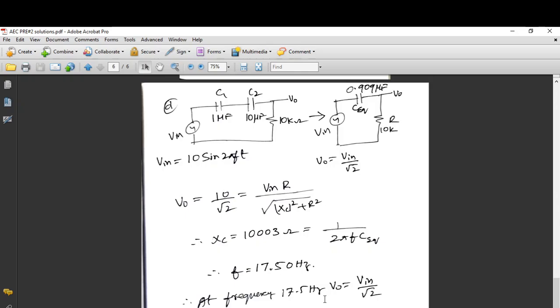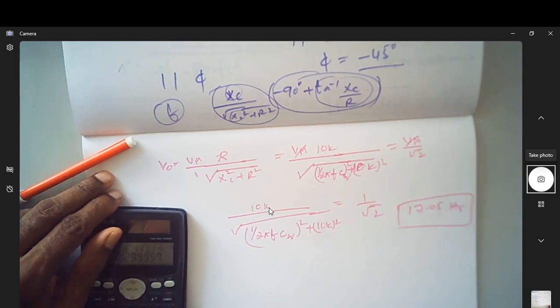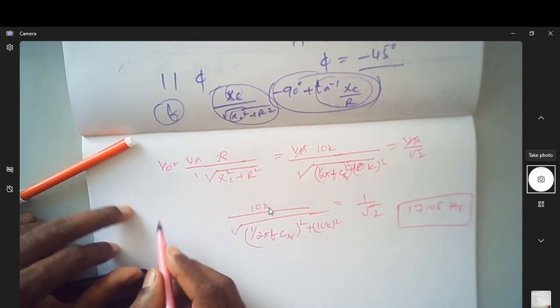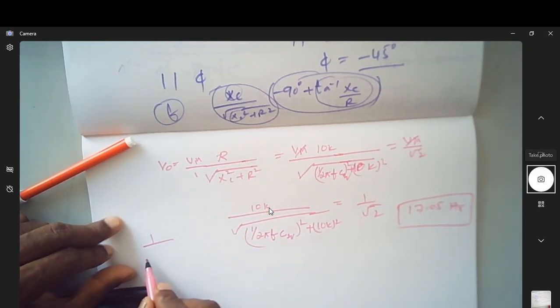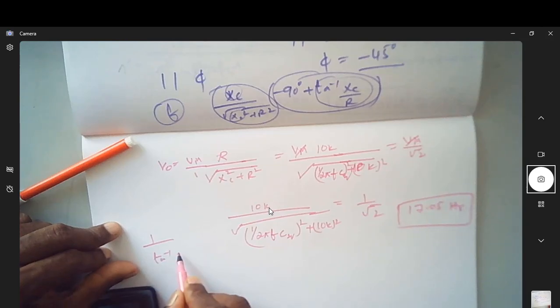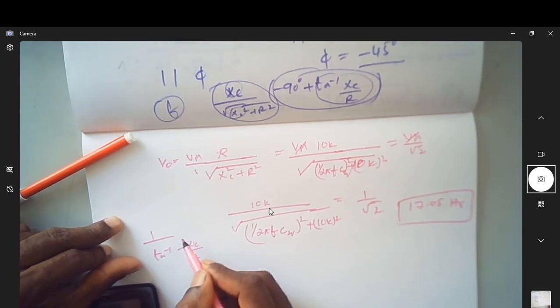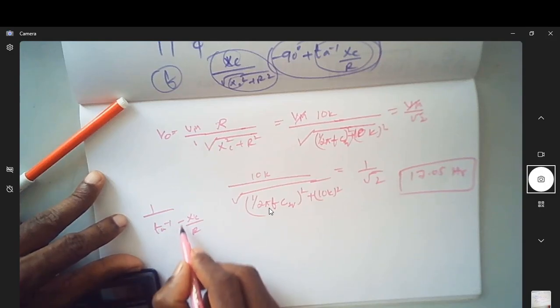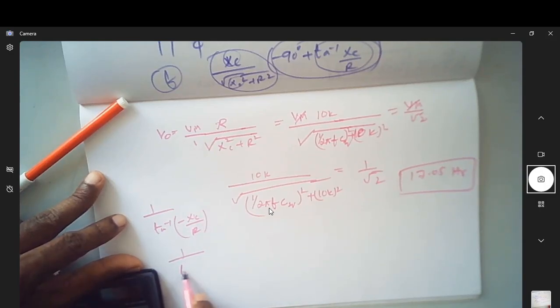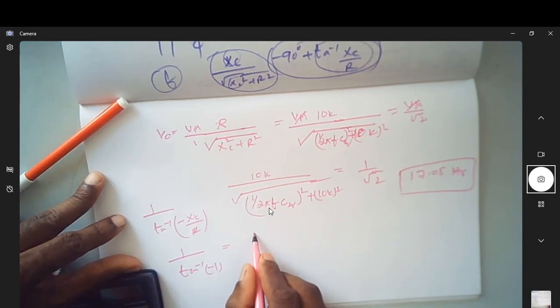How about the phase? You can see the phase part is not in the numerator, only in the denominator, which is nothing but 1 over tan inverse of minus XC by R. Since XC and R will be the same, this becomes tan inverse of minus 1, which is a phase angle of minus 45 degree.